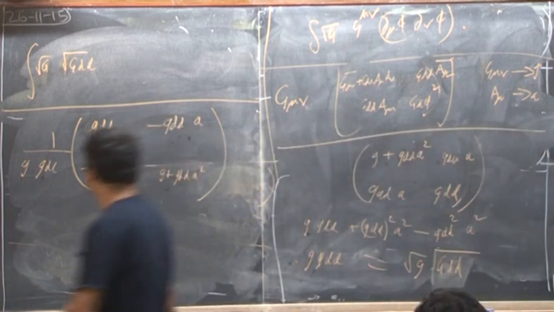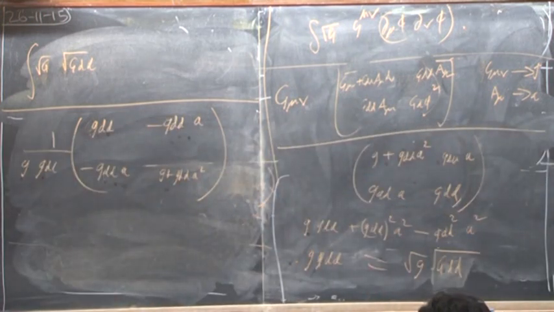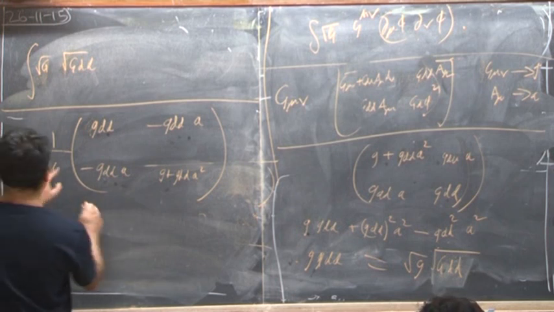Now what we want to do is to understand what this inverse is in the general case. So let's first write it out by multiplying through.